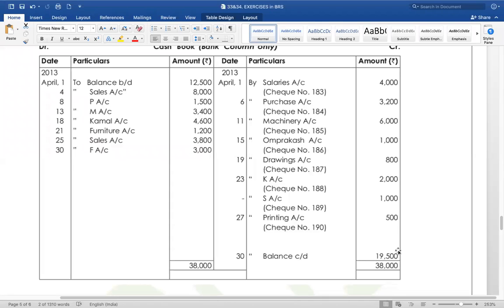It is because the amount on the debit is more than the amount on the credit. The total of credit is less than the total of debit, or the total of debit is 19,500 more than the total of credit. That's the meaning of this 19,500, and that's why we write balance carried down.